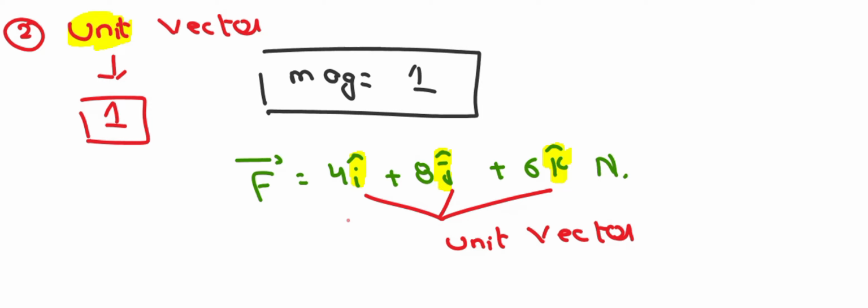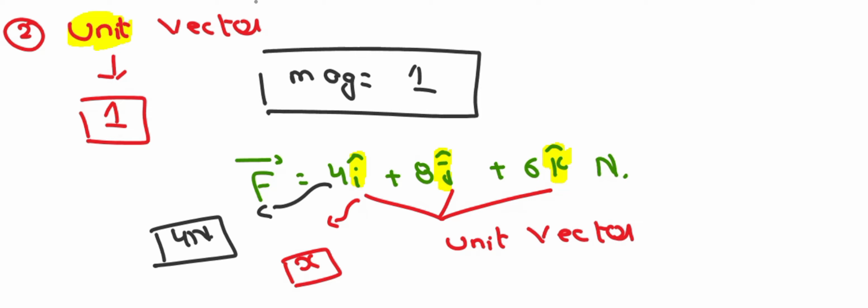The i represents the direction of force F present in the x-axis. So, how much force F is present in the x-axis? It is nothing but the 4 Newton force present in the x-axis.